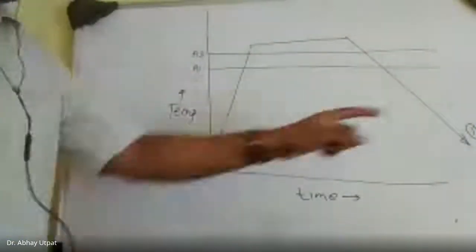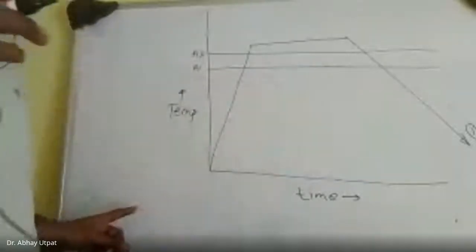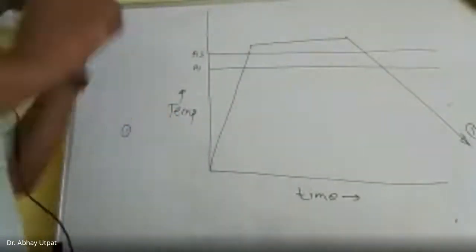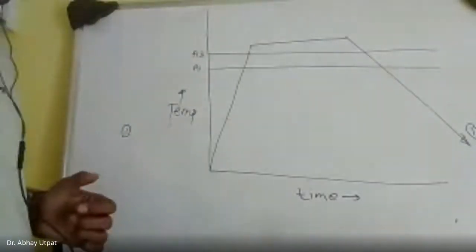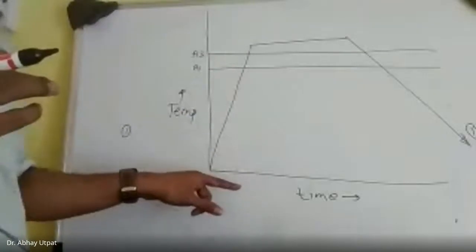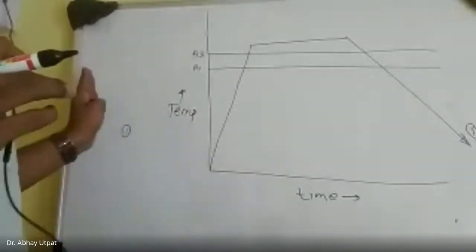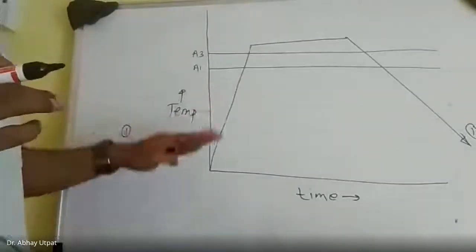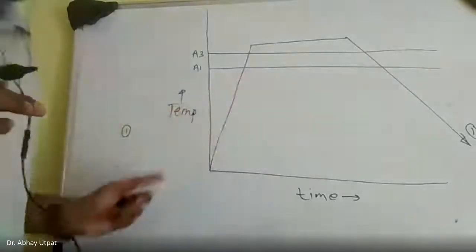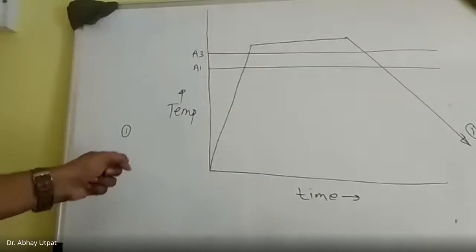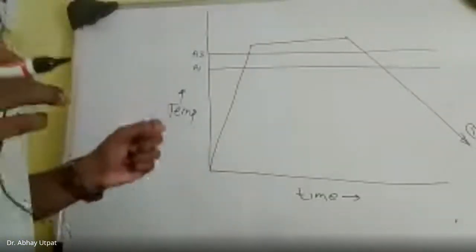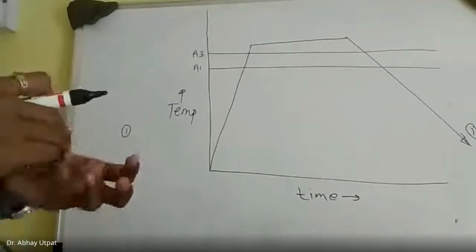If there is space here, write the sequence here; if space is not available at the left side, write below the diagram. 1 is full annealing for hypoeutectoid and eutectoid steel.